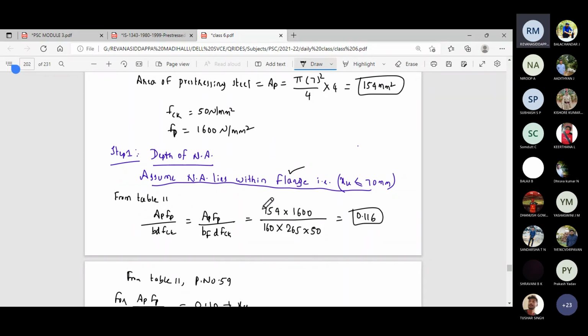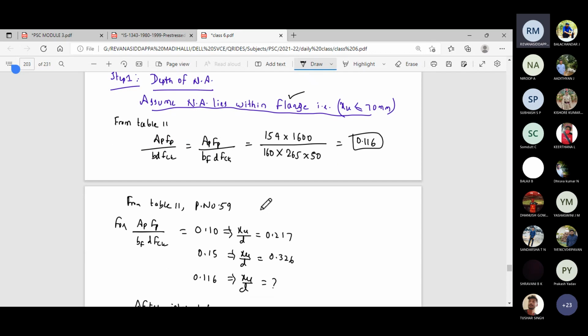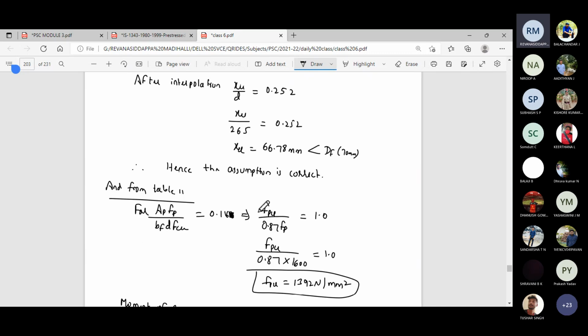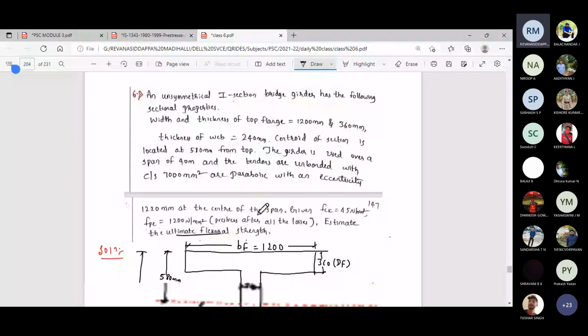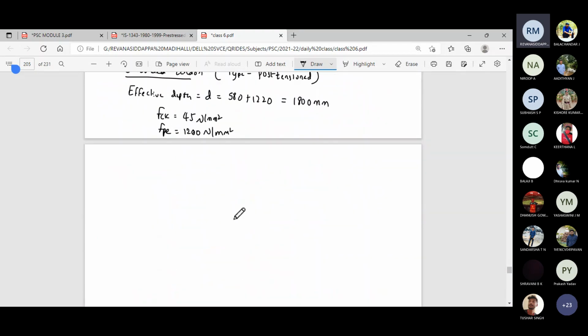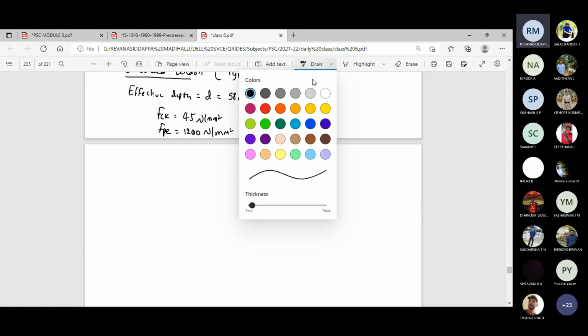There is no problem if the assumption goes wrong; you can perform the calculations in another step by assuming the other way. So keeping in view the overall depth, you can decide which one to assume. For this problem, I'll assume the depth of neutral axis lies within the web.